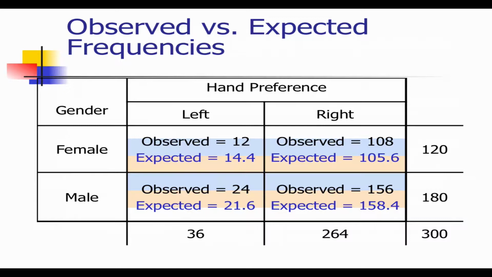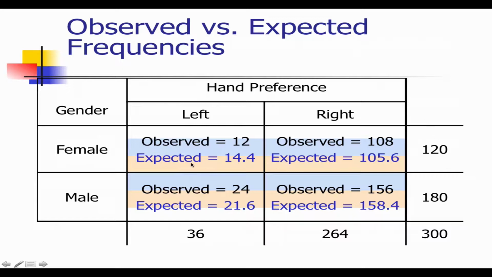As long as it is a sample in your population, the proportion to be left-handed should be 12%. So then how do you calculate the expected count? That should be equal to that p-hat multiplied by the total number of females. So 12% multiplied by 120.